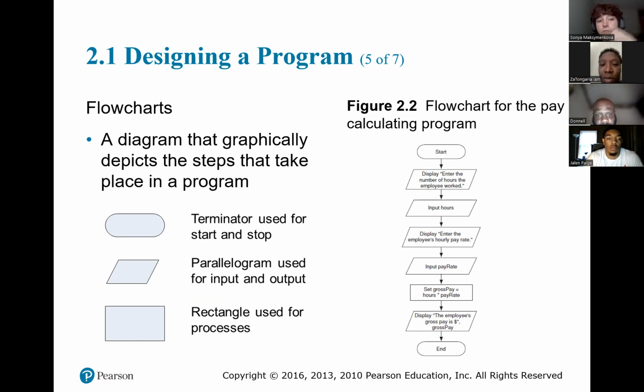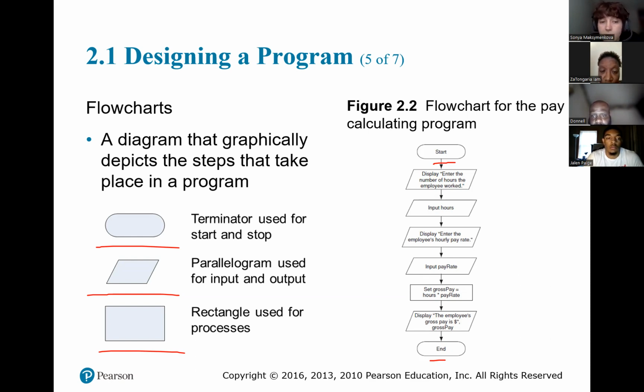So flowcharts have basically three main shapes that you need to be familiar with. The first shape is used for just the start of your program and the end of your program. So if you see an oval shape, as you can see here, we have a start and we have the end. So oval, just the start of your program and the end of your program.